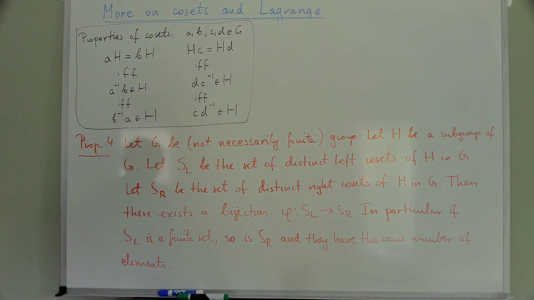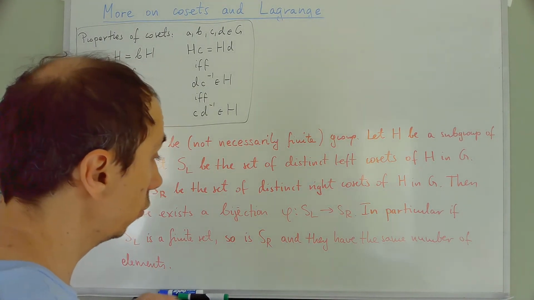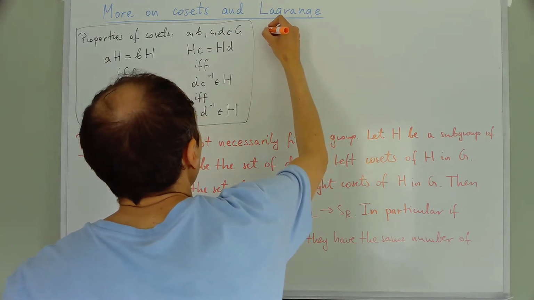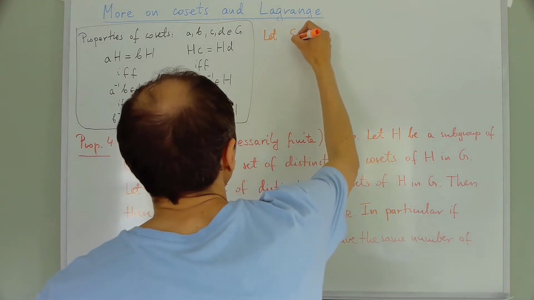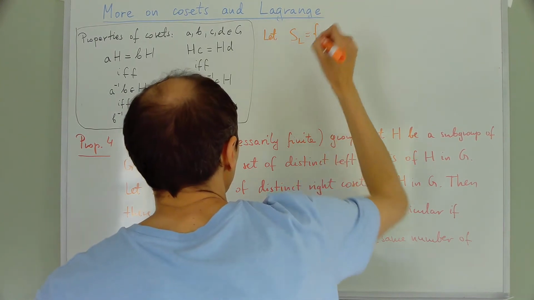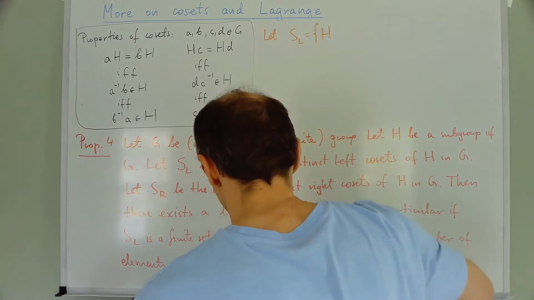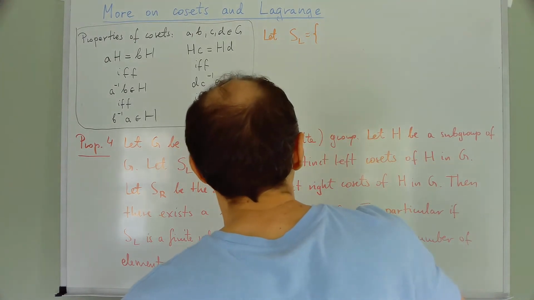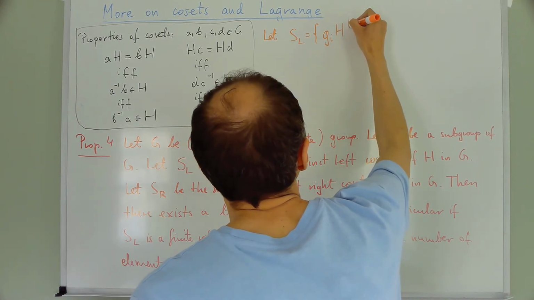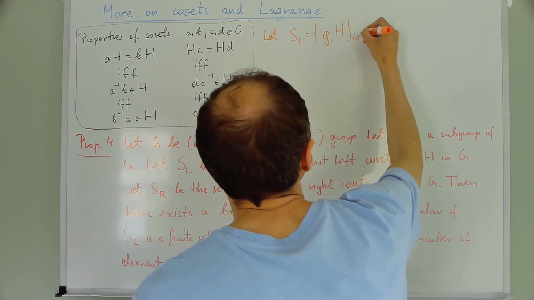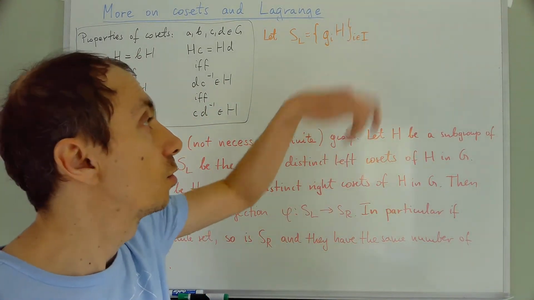So how does the proof go? I'm going to construct this bijection. So first I'll construct a map. Let SL be the set of left cosets g_i H, where i is in I. So these are distinct cosets, right?